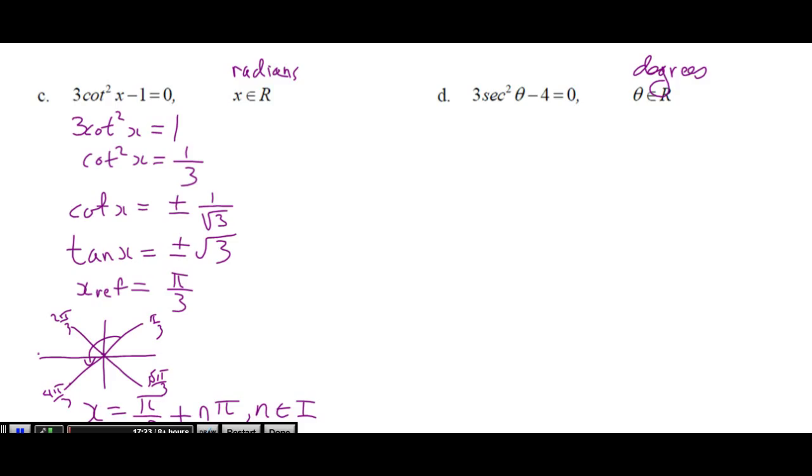3 secant squared theta minus 4 is equal to 0. First step. So 3 secant squared theta is equal to 4. And secant squared theta is equal to 4 over 3. And secant theta is equal to?